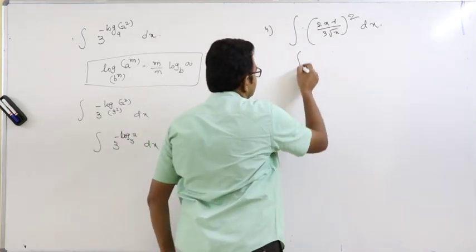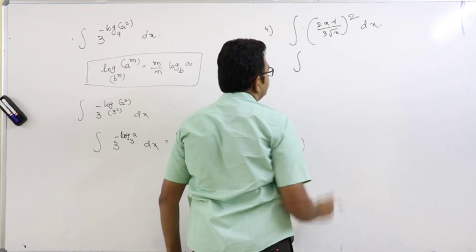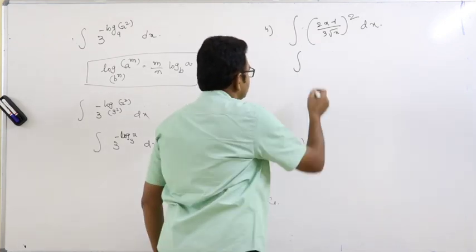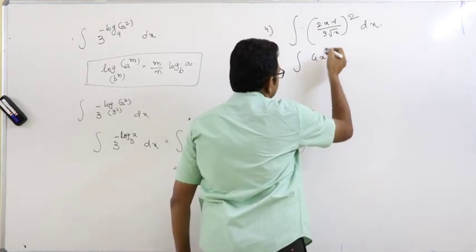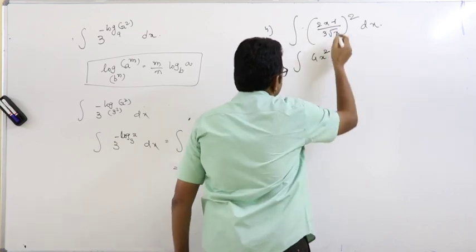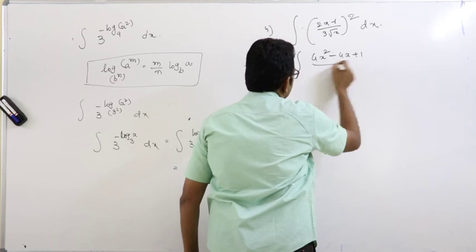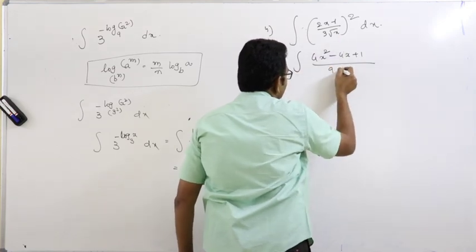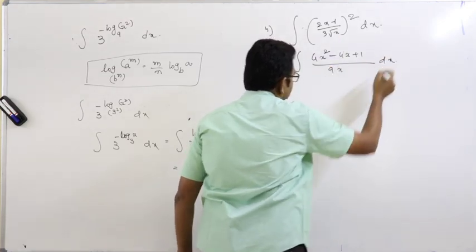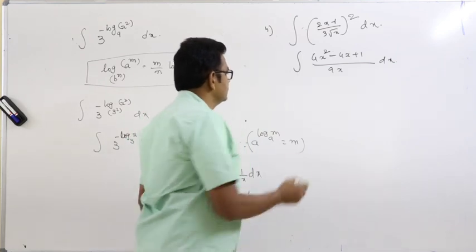So here, integral a minus b whole square formula: a square minus 2ab plus b square. So 4x minus 4 root x plus 1 by 9x dx.